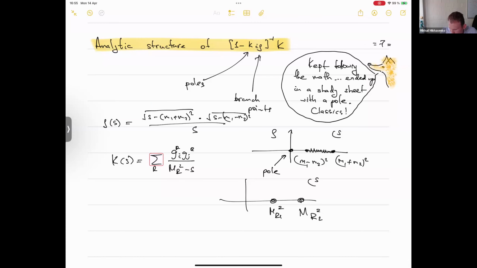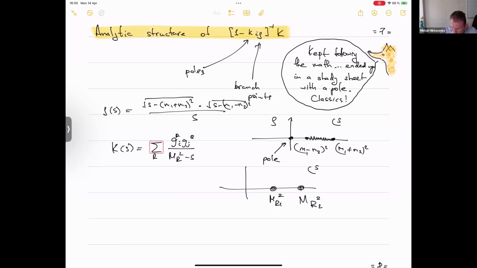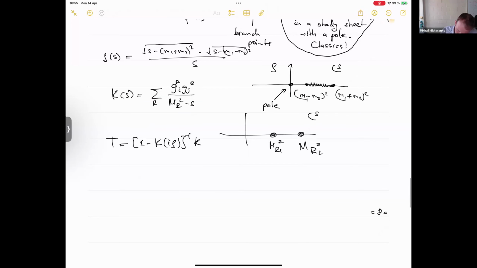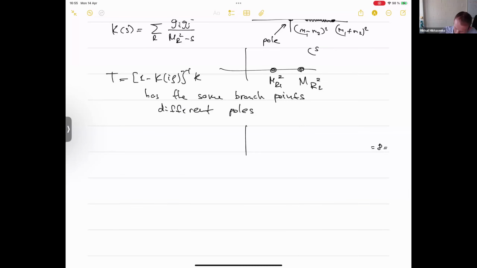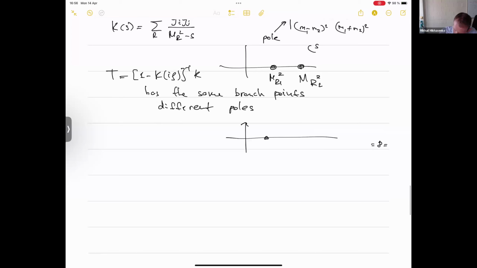While the branch points of the rho remain the branch points of the T, the poles that one puts into the K are no longer the poles of the T. So T equals 1 minus i rho K. In fact, what one finds is that the analytic structure of the T implemented in the way that we prescribed here is that it has a bunch of branch points.